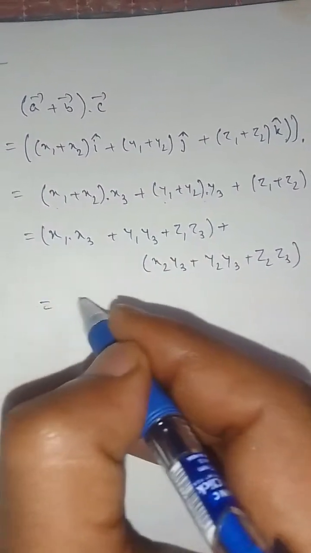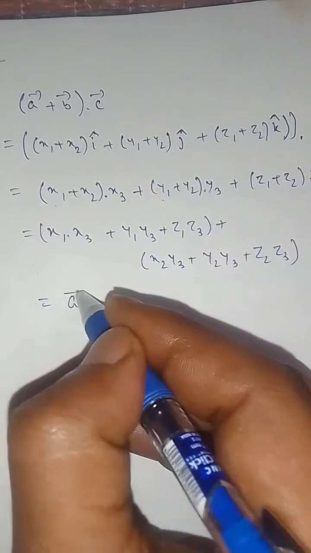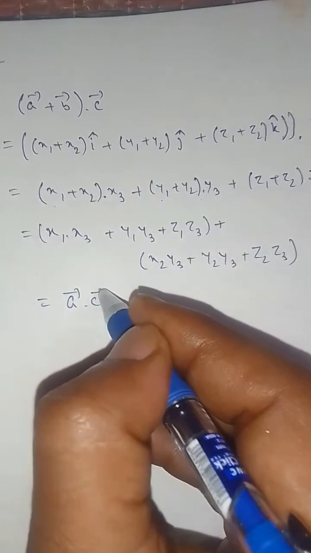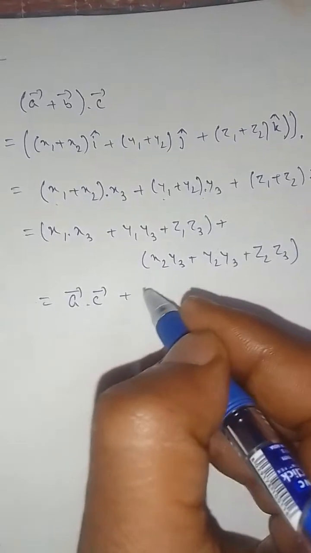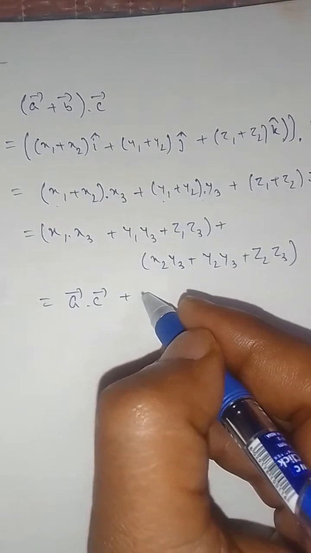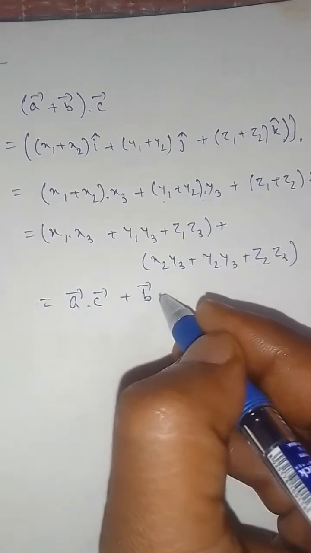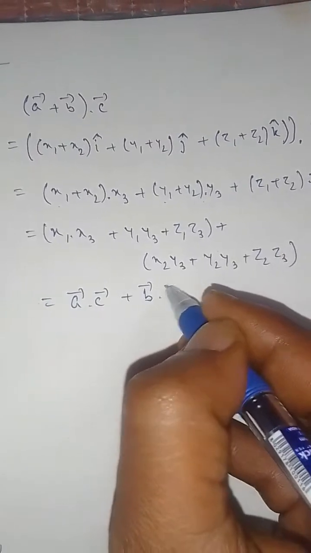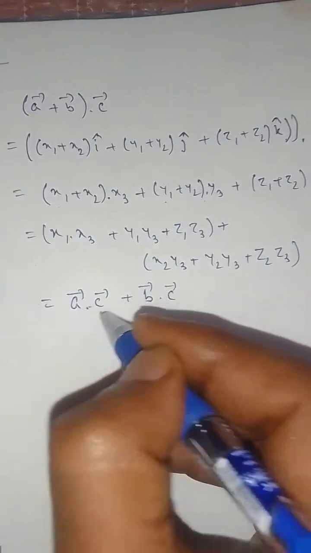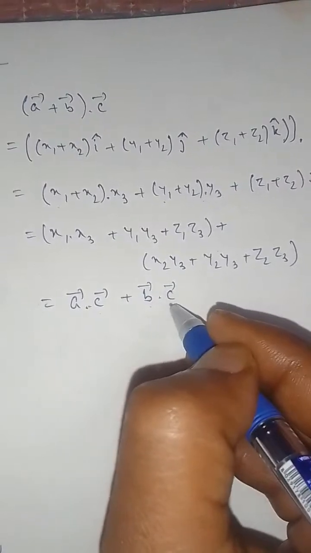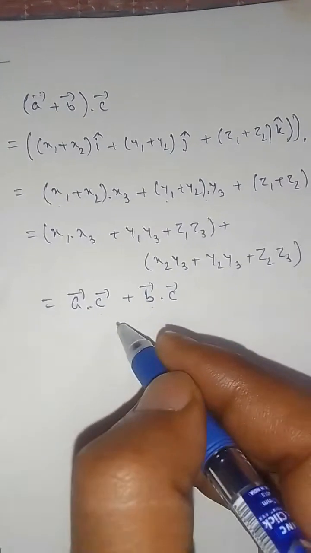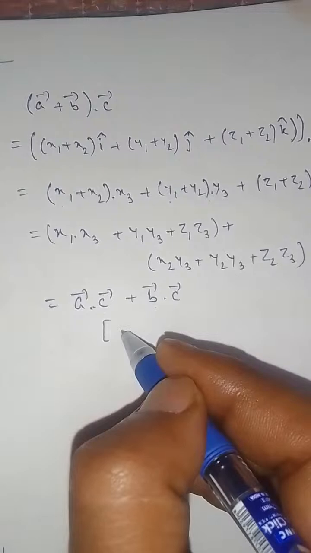This will be a vector dot c vector plus b vector dot c vector. So it is the right distributive law.